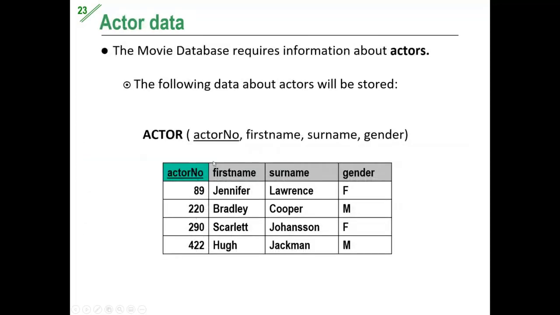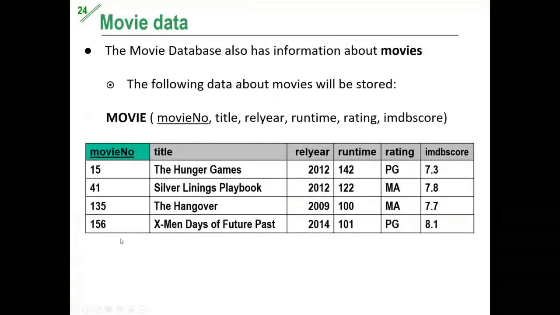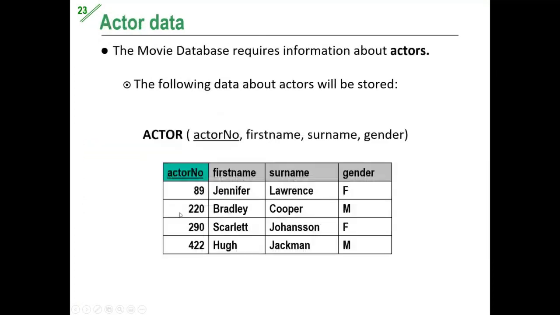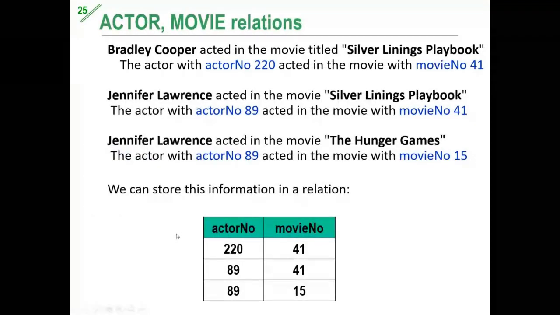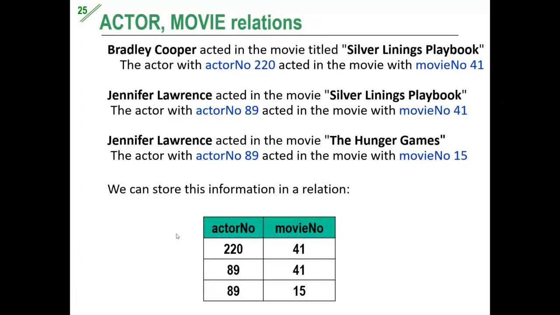Right. So now we have an actor table and a movie table. Now we need to know who is actually casting or acting in which movies. For example, Bradley Cooper acted in Silver Linings Playbook.